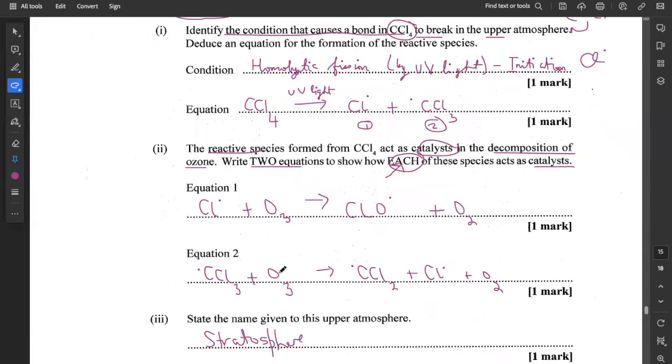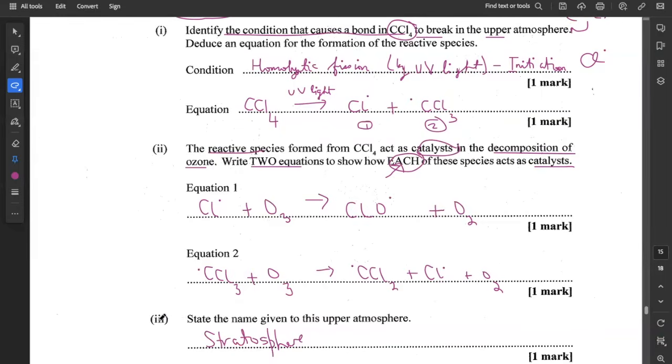That's also going to react with ozone, break it down, and then we're going to get some more radicals, a ClO radical and the CCl2 radical, as well as O2 gas. So we're breaking down ozone in each case by addition of these radicals that are forming in that upper atmosphere, right? So if you wrote these equations, you get your 1 mark.